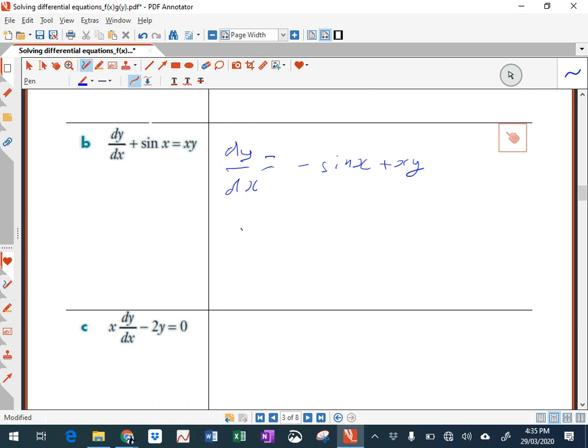Now, having done that, there's not much you can do really, is there? You can't really separate the x out of that. Okay, so that is no, it can't be separated. X and y cannot be separated.